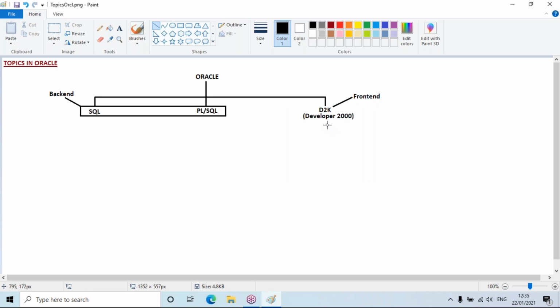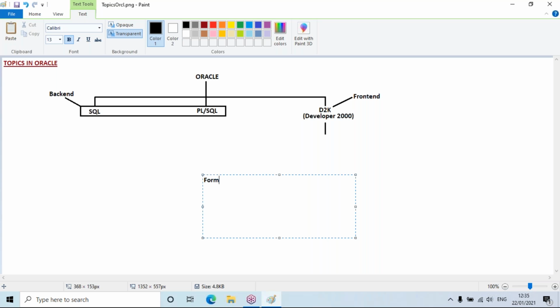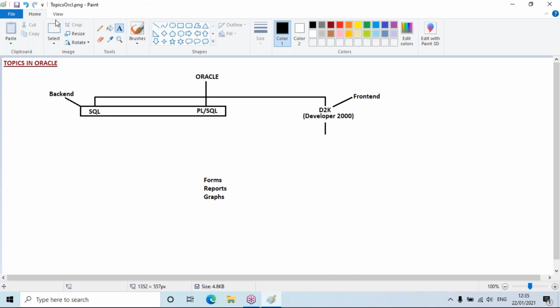Yes. So let me list out all the topics of D2K. What is available in it? Now D2K has these concepts available in it: forms, reports, graphs. Reporting is also a part of it.